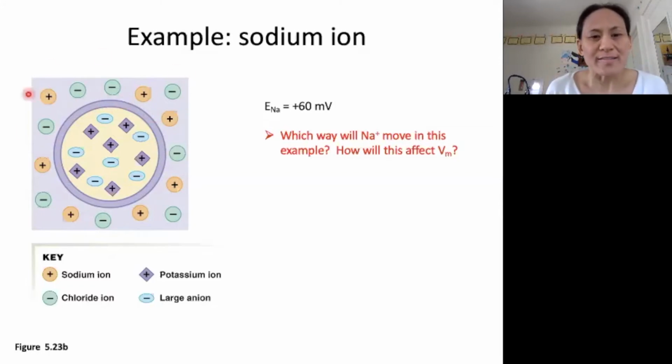If we take a look at this situation, let's consider these two questions. Which way is sodium going to move in this example? And what effect is that going to have on the membrane potential? So please take a moment, hit pause, think about it, answer this question, go.